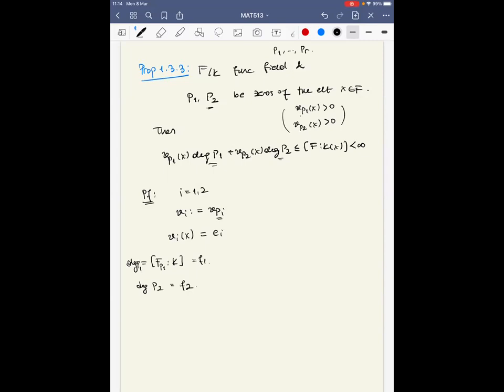And here our claim is to show that e_1 f_1 + e_2 f_2 is bounded above by this quantity.